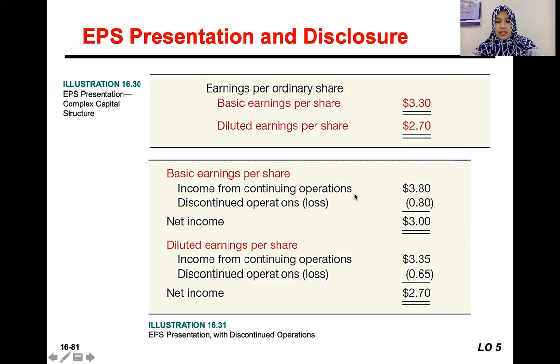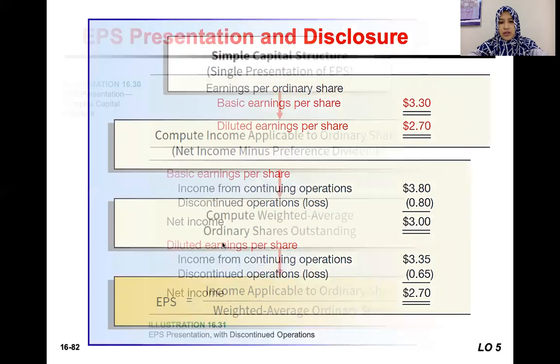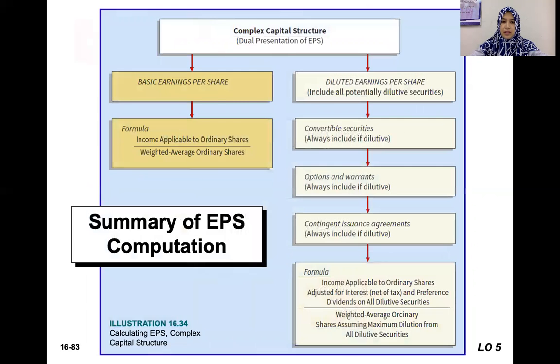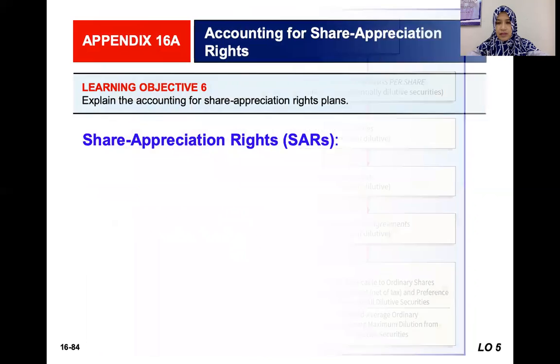So this is basically how the company presents the EPS on its income statement. The separation is between the EPS from continuing operations and the gain or loss from discontinued operations. Okay, so this is the summary that you can go through by yourself.